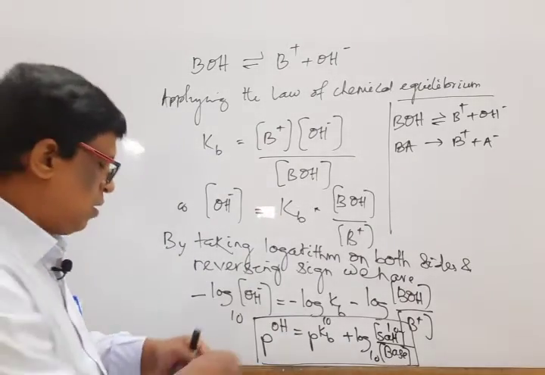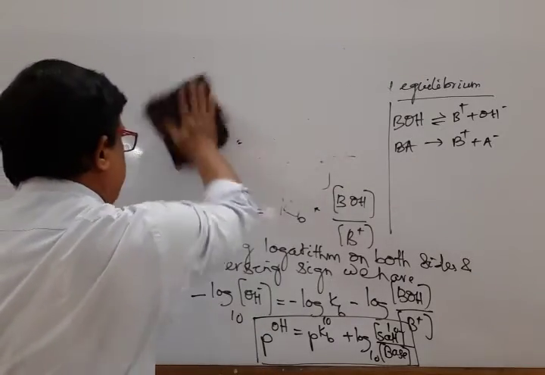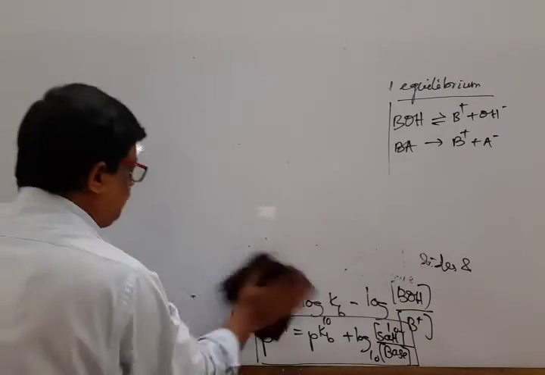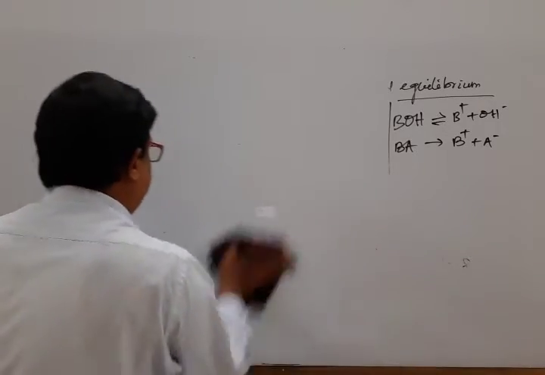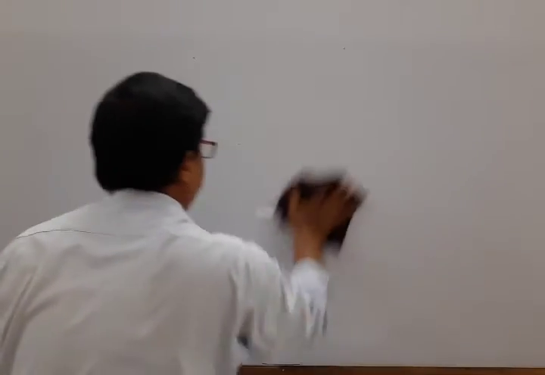Next, we discuss the application of a buffer. So many applications of buffer are there. Normally, it is categorized into industrial point of view, agricultural point of view, and biochemical reaction point of view. That means in industry, buffer plays an important role. This principle is used for the manufacture of paper, ink, dye, various products.